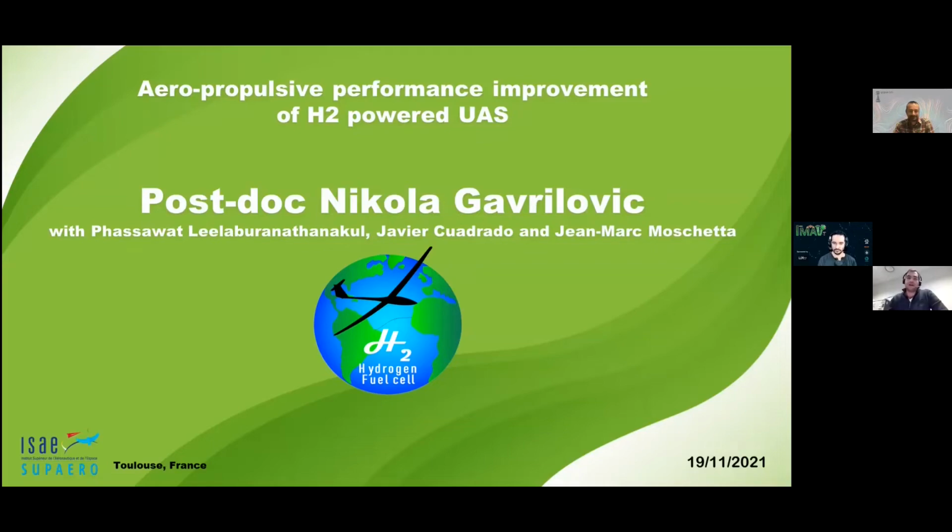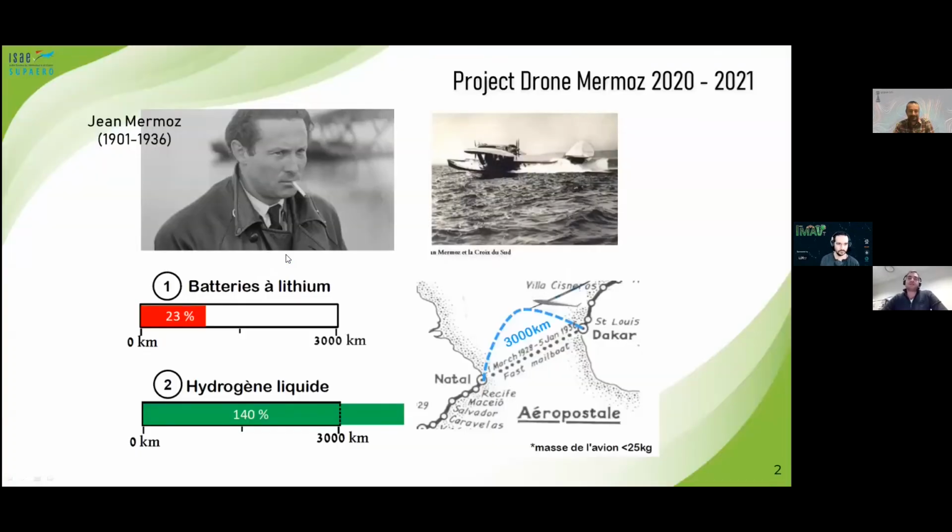So I'm going to go further. The whole project has a historical context. It is inspired by the French company called Aeropostale. This company, at the beginning of the 20th century, was transporting letters between Africa and South America.